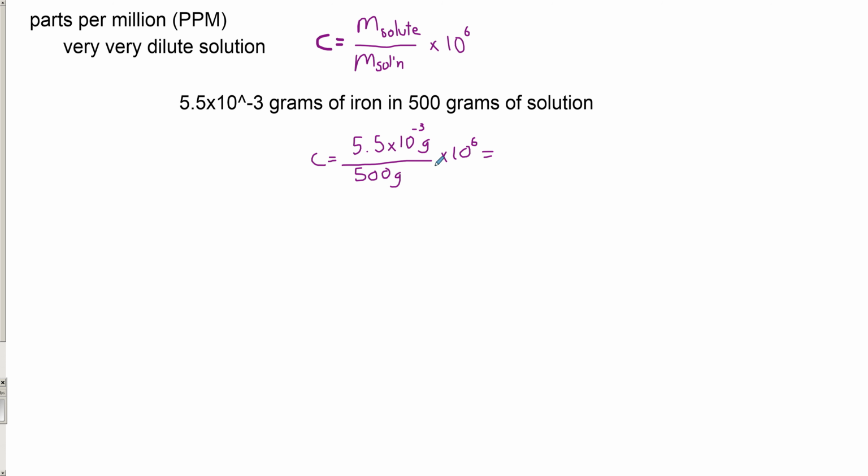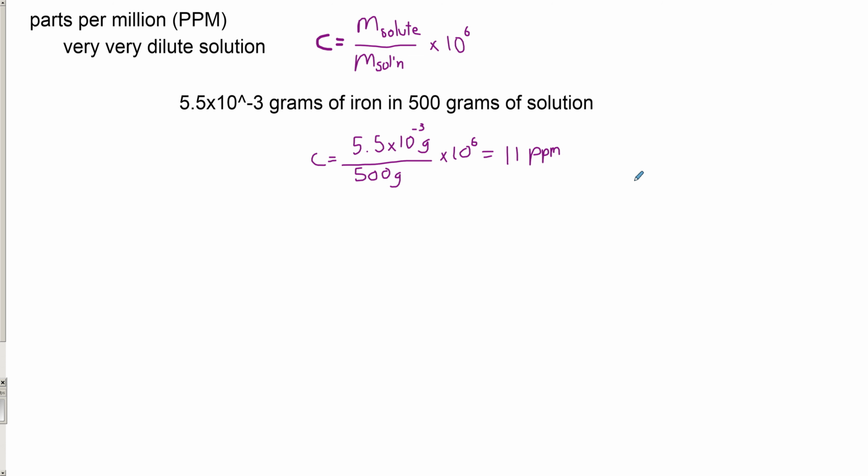So I'm going to get it into my calculator. 5.5 times 10 to the minus 3 divided by 500 times a million, and we get 11 parts per million.